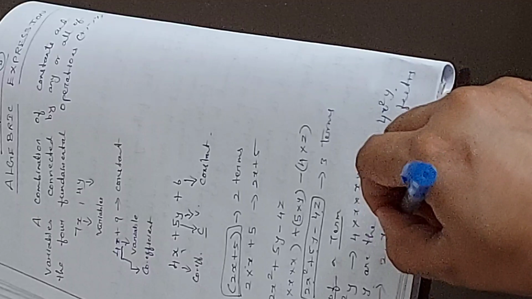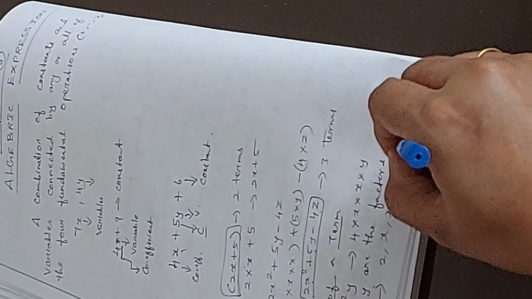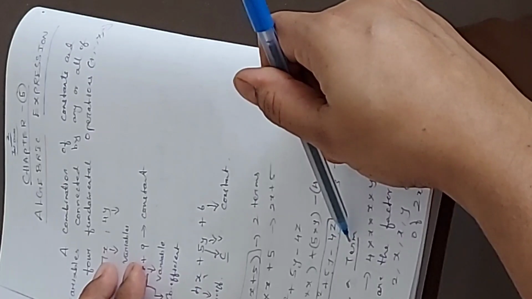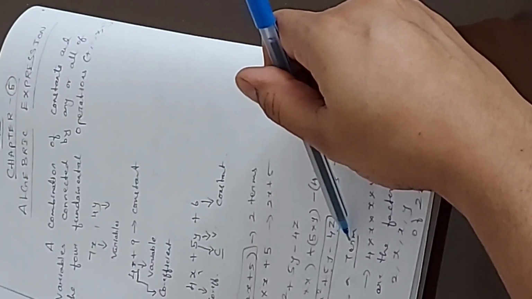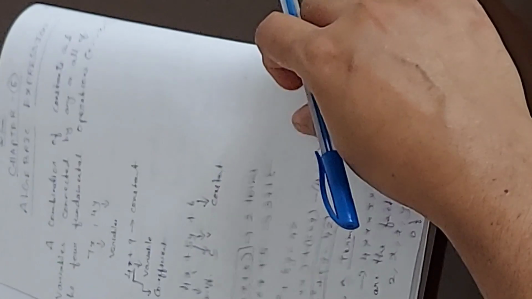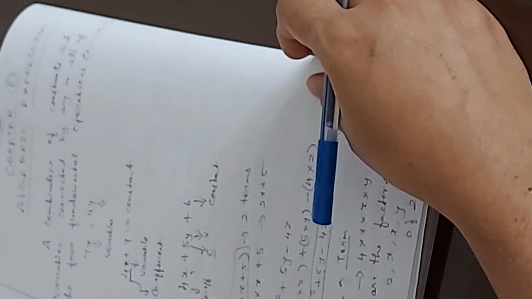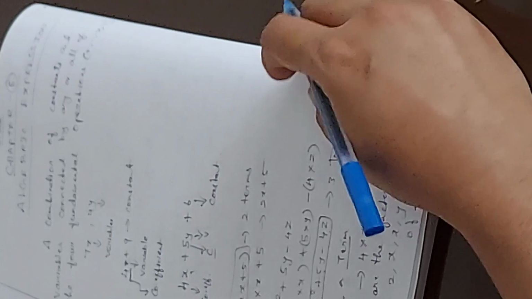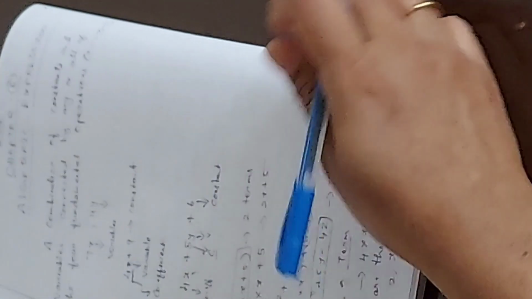You understand children? Factors of 2x squared z. So we have seen what is a variable, what is a coefficient, what is a constant and what are the factors of a term. And a constant is without any variable or any factor. Okay children, next we will see the exercise problems in this chapter.